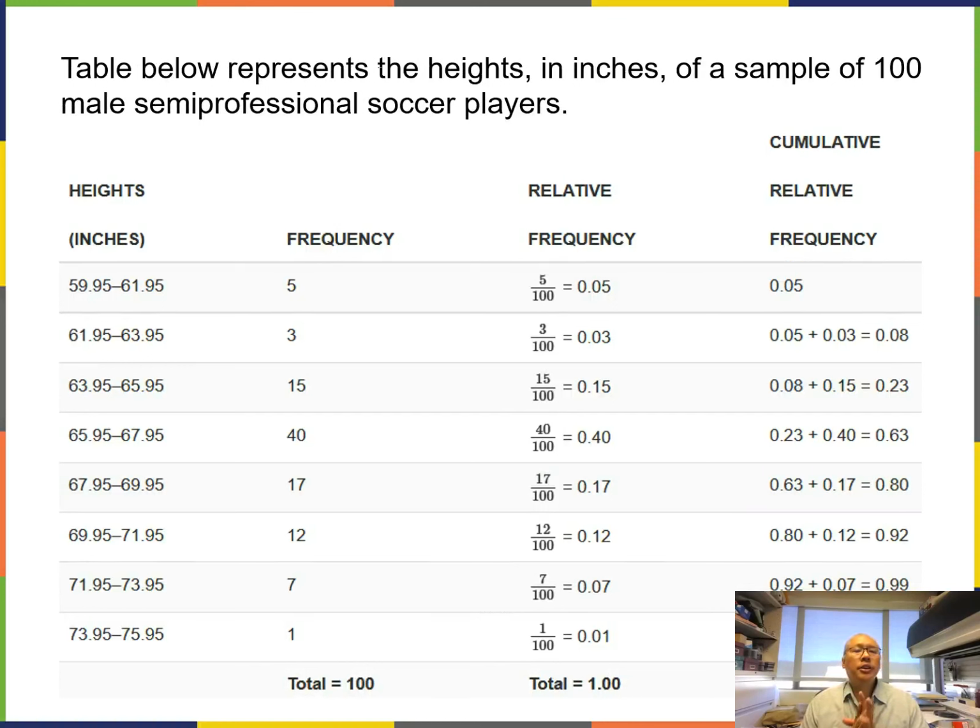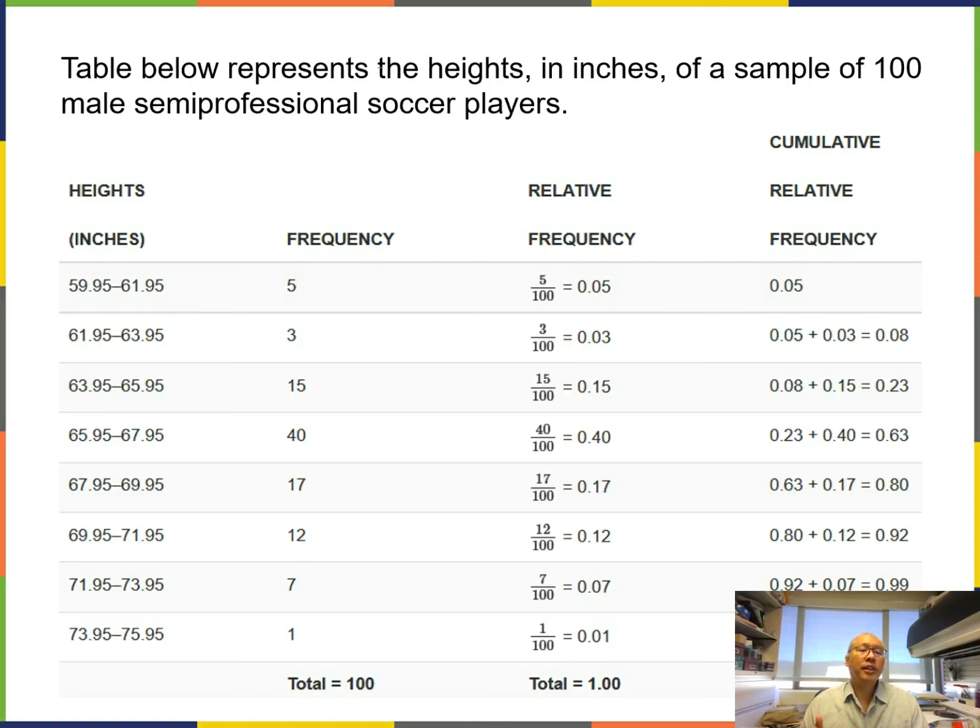More generally, you can create what's called more of a frequency table, where your values are more continuous. Here in this example, we don't have the original data, but they say there's a sample of 100 semi-professional soccer players, and they looked at the heights of these soccer players.